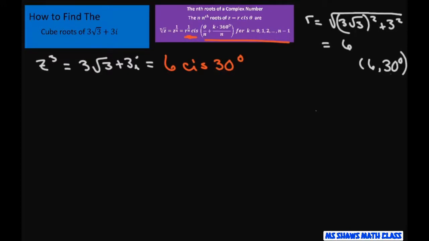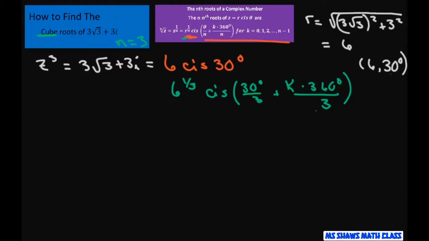And so r is 6. So we have 6 to the 1/3 cis of, and our n equals 3 because we're doing cube. So this is 30 degrees divided by 3 plus k times 360 degrees divided by 3.